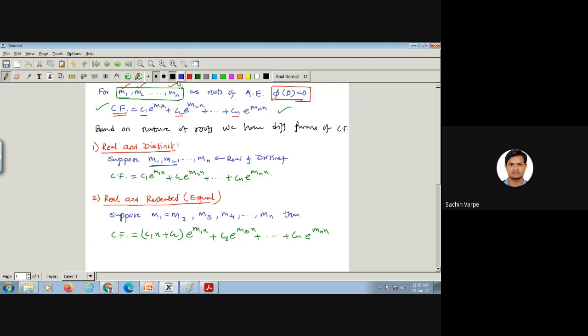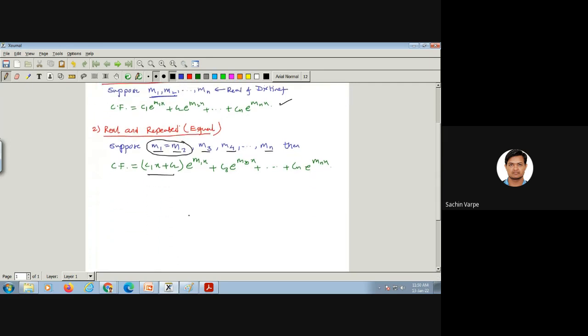So here the number of roots is n, but out of those roots, the first two roots are repeated. So for those two repeated roots, I have considered the form like this. And then for the rest of the non-repeated roots, we follow the same formula, the first one. Clear to everyone? Now let us discuss the logic behind this formula, why this is so.